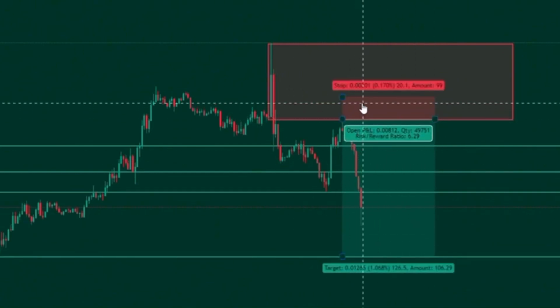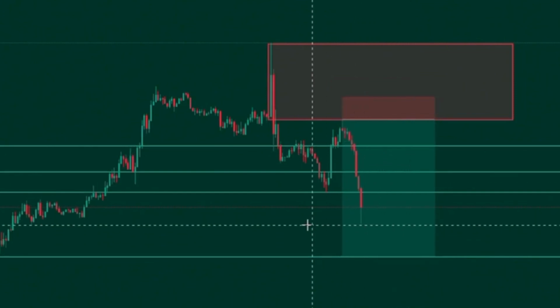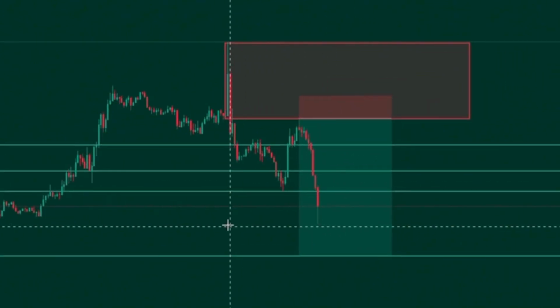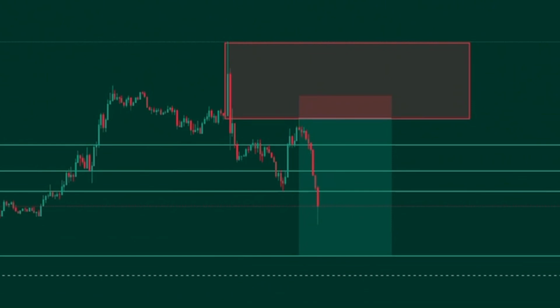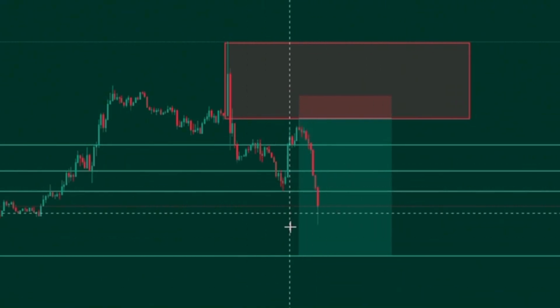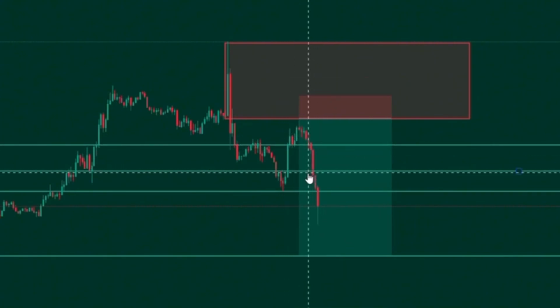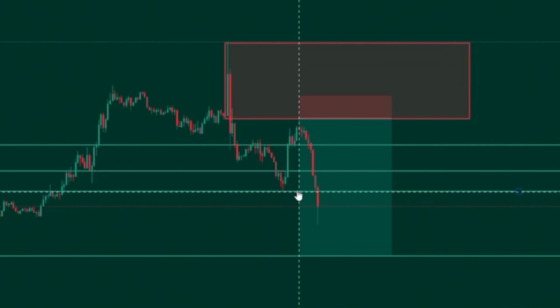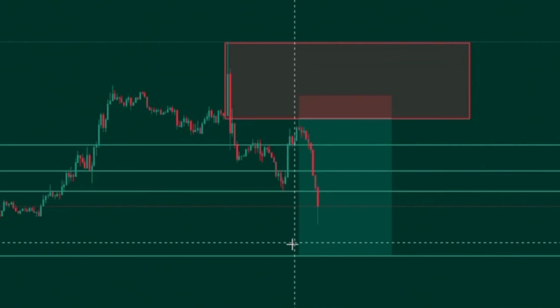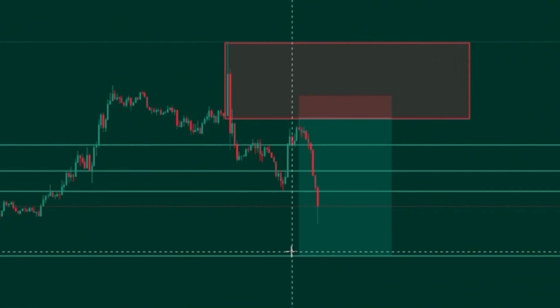So we risk 1% to get 6%, 6.3 to be exact on our money. And of course, you could even potentially go lower. But let's say we're locking in based on this simple TP1, that level where we've got support right there. TP2 in the imbalance, TP3 your swing low, and TP4 your higher time frame level.